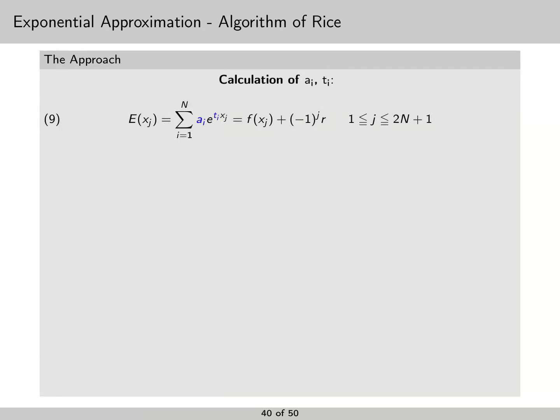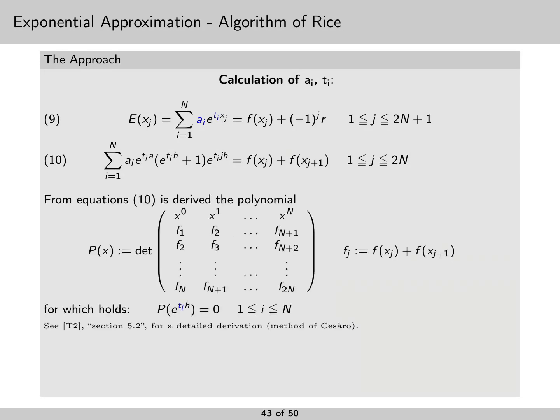So, the problem consists in calculating 2n coefficients ai, ti, which satisfy the system of equations 9 with the 2n plus 1 equidistant points xj. Addition of successive equations of this system removes the unknown r and yields the system 10 of 2n equations.